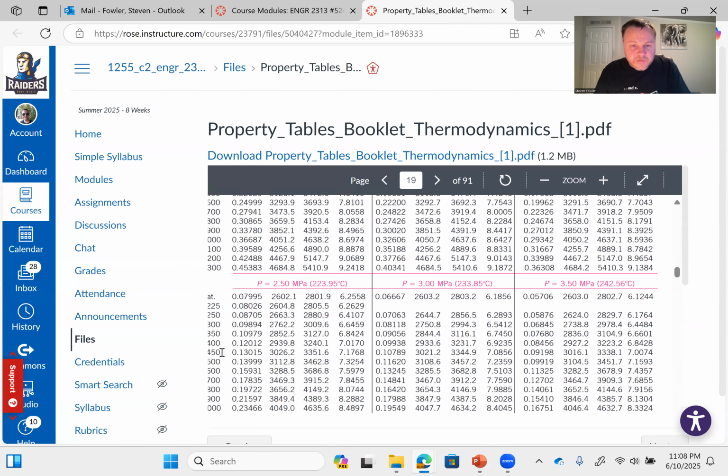This is our row for 450 degrees. This is our block for 3.5 megapascals. This is our specific volume right here, 0.9198. So again, you want to get really quick and really good at being able to find those values.